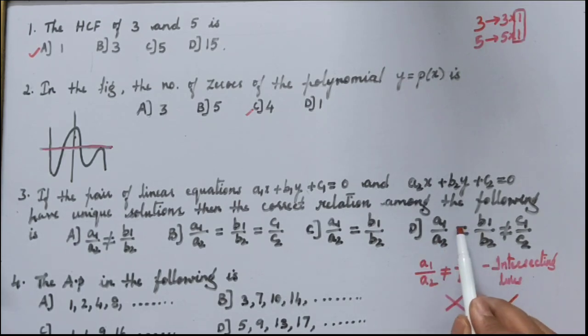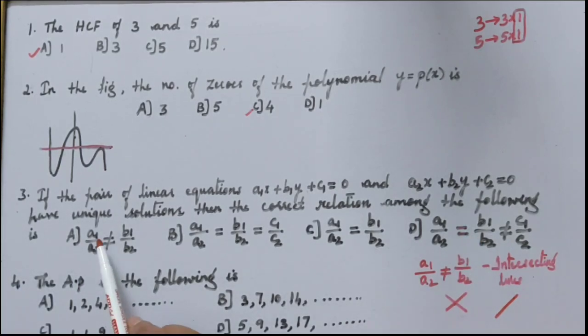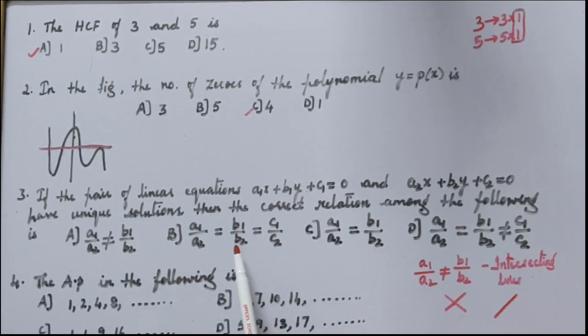You can see that starting only you have got equals to, that means it is parallel. You need to remember it in this way: starting with not equal to is intersecting lines, right? Now the second one is the coincident lines. It has infinitely many solutions.